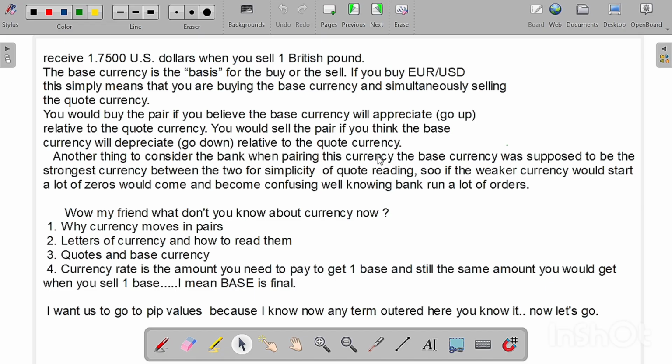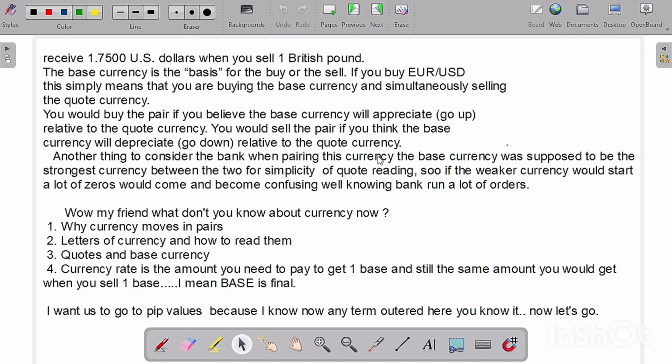If it is Kenya shillings first, it would bring a lot of 1 shilling is 0.000-something dollars, because the dollar is stronger than Kenya shillings. But when you put the dollar at the front, it brings simpler figures which can be mastered with our mind. So they look for the strongest currency so that they can pair them.